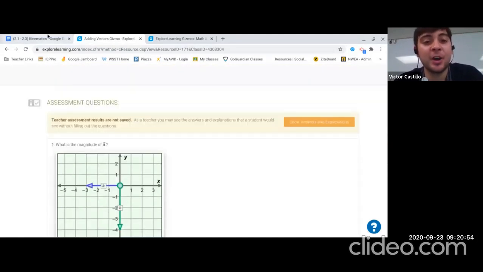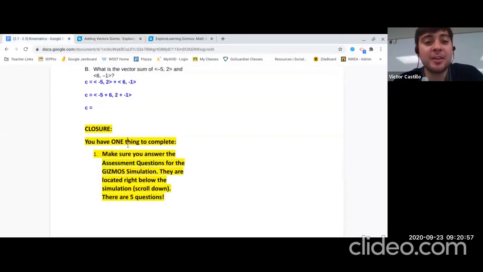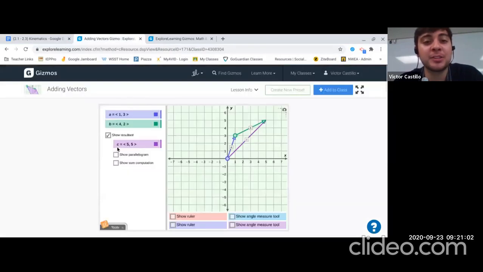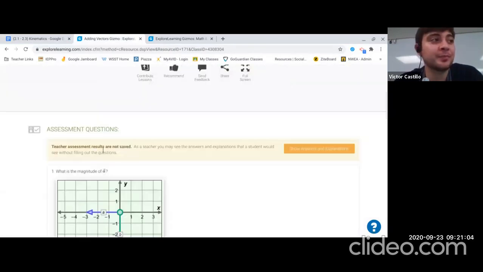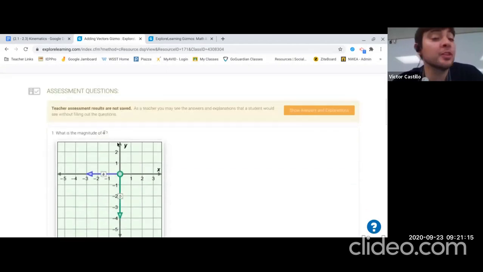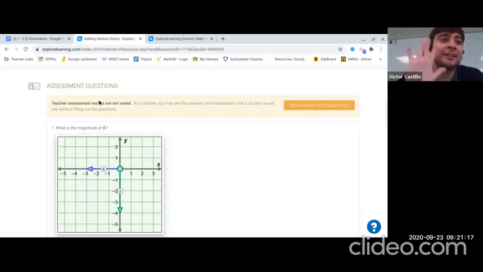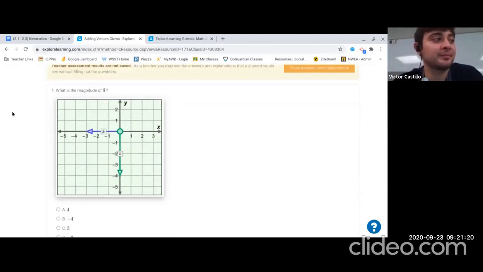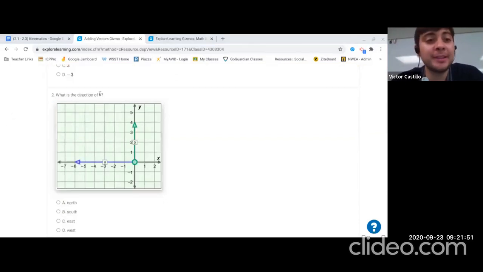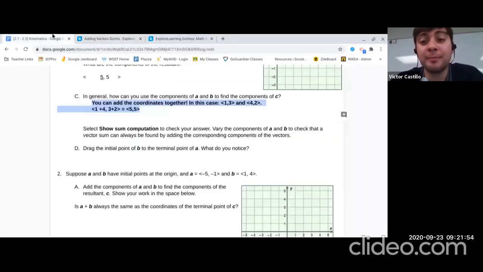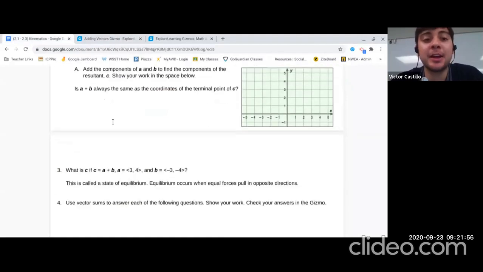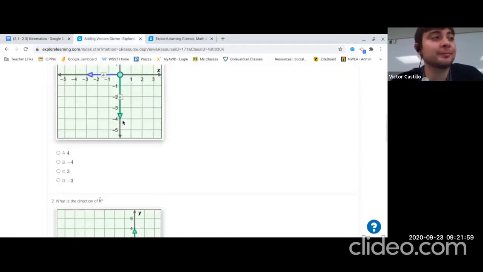You don't have to complete the Gizmos handout, which is there just to help you, but please do complete the 5 assessment questions.